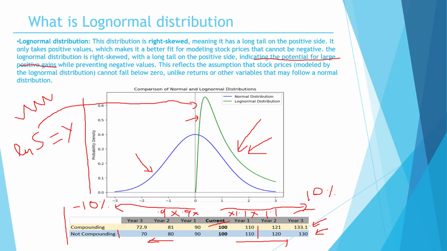But if I take the log of the stock prices, which is equal to y, then it will follow the normal distribution. It is very, very important. If a stock price is following the log normal distribution, then if I take the log of the stock prices, the resultant, which is y, will follow the normal distribution. This is very, very important.